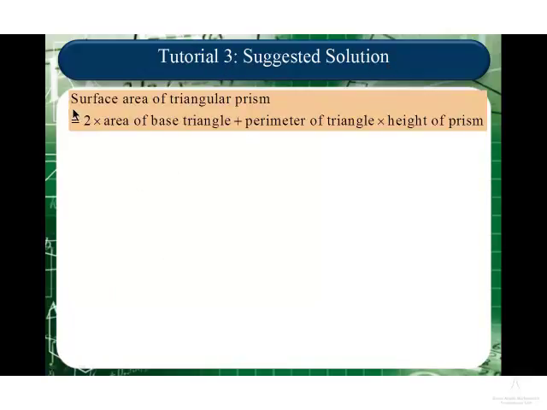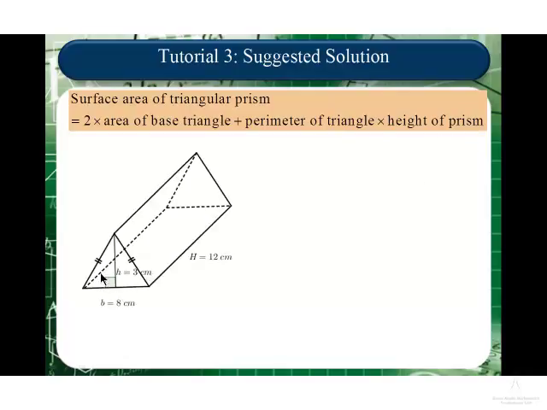In this case, we had to find the surface area of a given triangular prism, which is always twice the area of the base triangle plus the perimeter of this base triangle times the height of the prism. So we have a right triangle with sides linked to the right angle, 4 centimeters, half the side length that is given, B is equal to 8 centimeters, and of course the other side will be the side h, in this case equal to 3 centimeters.